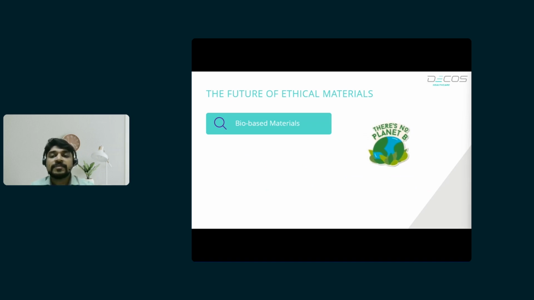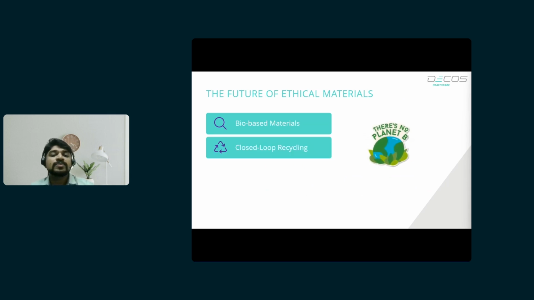Sustainable alternatives to traditional petroleum-based materials are derived from renewable resources like plants, fungi, and agricultural waste. So this reduces reliance on finite resources and lowers the environmental impact of material production. For example, bioplastics, fabrics, and composites, which are made from bamboo, algae, or even mushrooms.